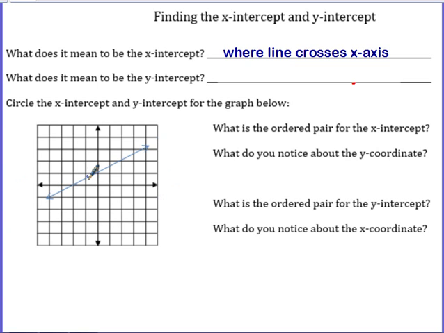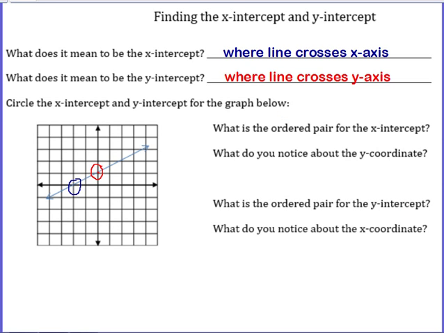So wherever this line crosses the x-axis, right there is my x-intercept. And the y-intercept is just wherever the line crosses the y-axis, the vertical axis, so right there would be my y-intercept. And when we write x and y-intercepts, they are points. They're actual points on the graph, so right here where that touches the y-axis.